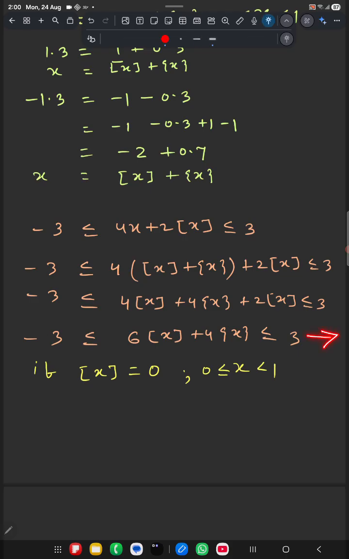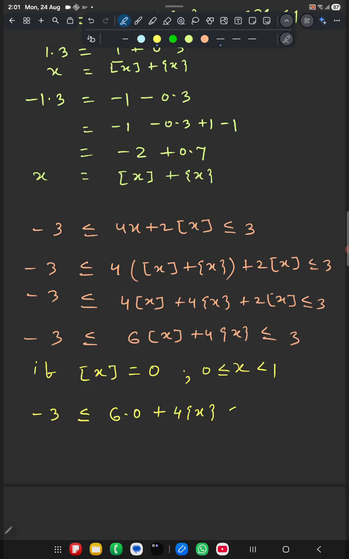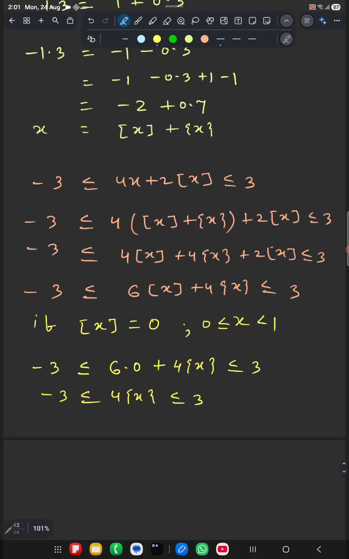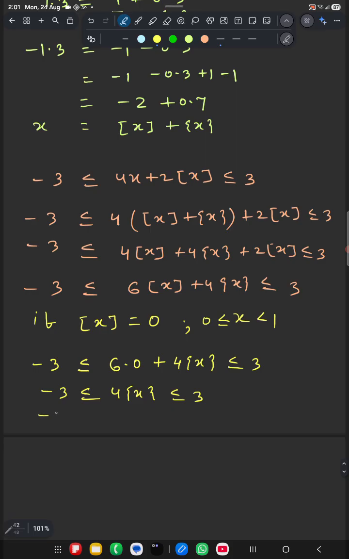So this inequality will be -3 ≤ 6 × 0 + 4{x} ≤ 3. So you will see -3 ≤ 4{x} ≤ 3. You can also write -3/4 ≤ {x} ≤ 3/4.